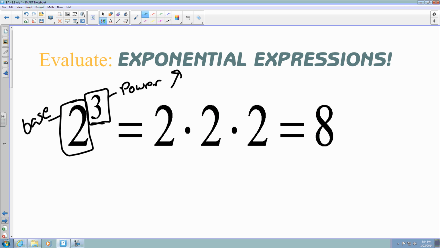When you see a value to some power, like 2 to the 3rd power, that does not mean 2 times 3. It does not mean that. 2 to the 3rd power means 2 times 2 times 2. So there's 1, 2, 3 terms of 2, and that ends up equaling a value of 8.